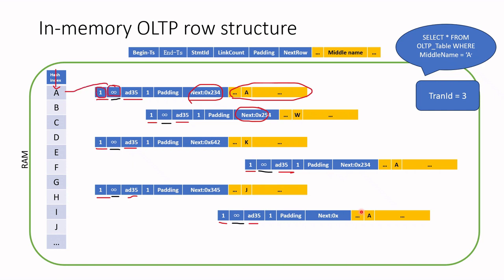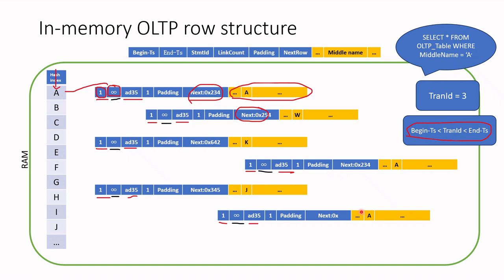Then Begin TS and End TS are checked and compared against the transaction ID. If the transaction ID is bigger than Begin TS and lower than End TS, this row is returned to the client. If not, this row is just ignored, taken as not available anymore.